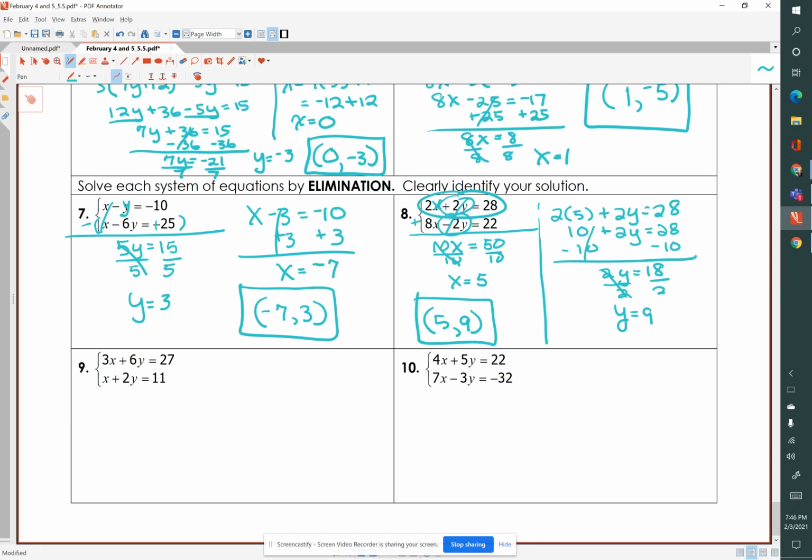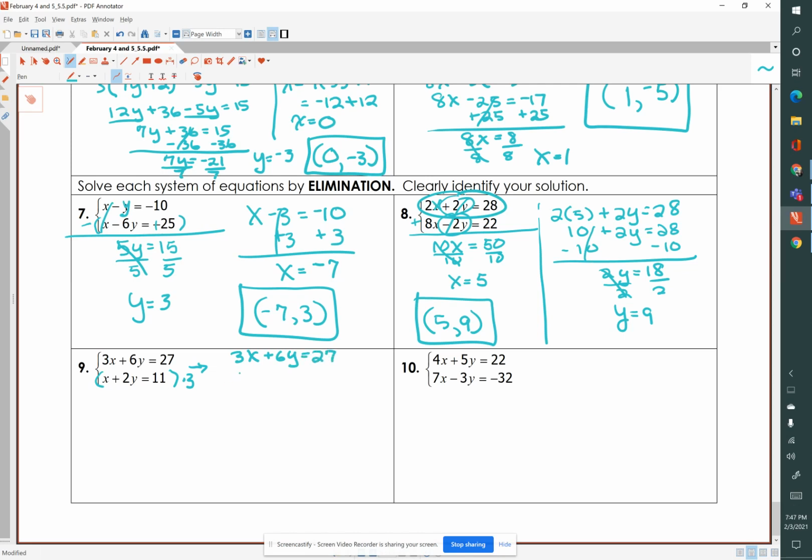And number 9, I've got 3x and 1x, 6y and 2y. If I multiply this first equation times 3, let's see what happens. So the second equation by 3. So the first equation is 3x plus 6y equals 27.